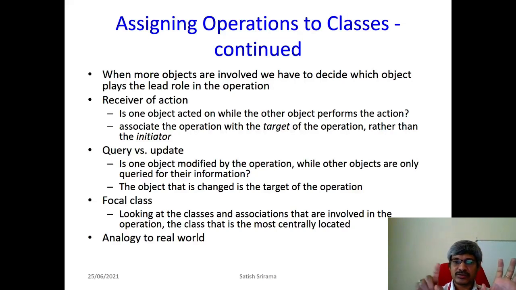Then associate the operation with the target of the operation rather than the initiator. So you will put this operation in the class of object 2, because that is the one which is actually acted upon, whereas object 1 is just initiating it.